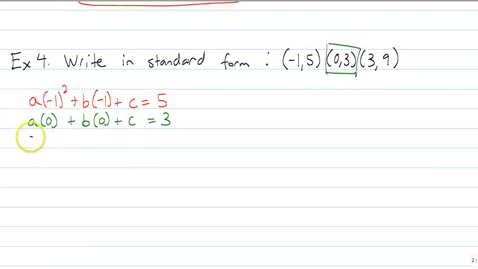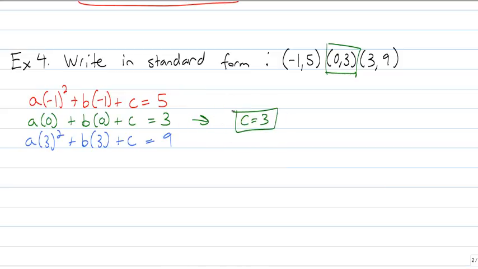And we'll rewrite these in a second. Okay, so look at this green equation. When you simplify this, you get c is equal to 3. We already have our c value. It's the intercept. So now we can rewrite these equations, putting c in, and we can solve a system by hand if you want to.